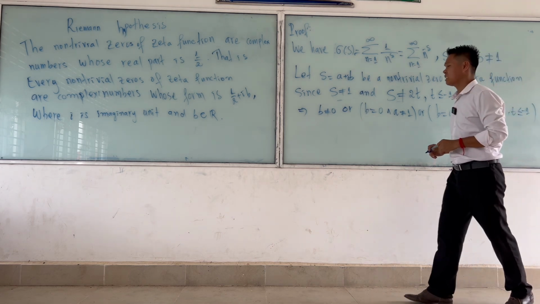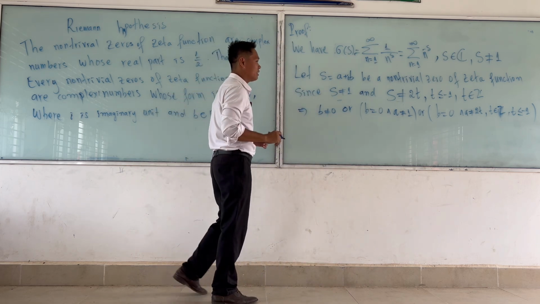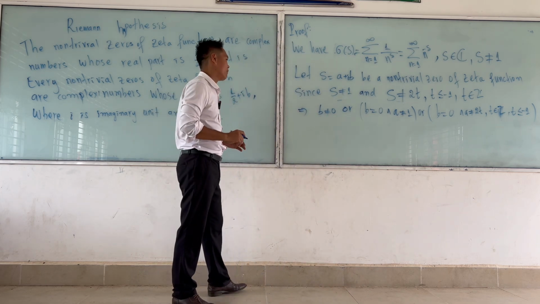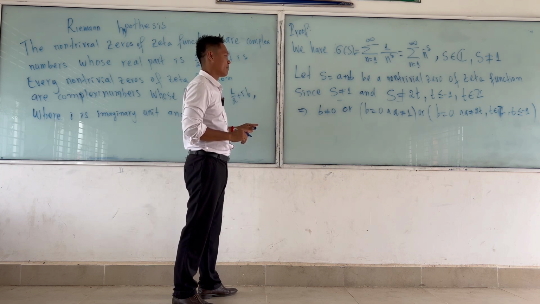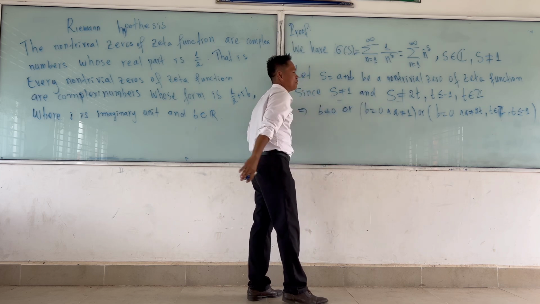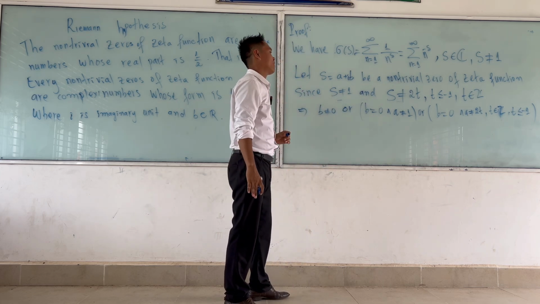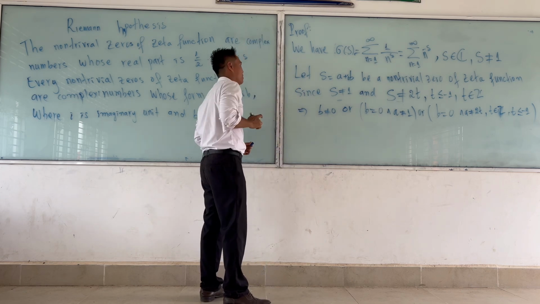This is the necessary condition of a and b, which are the real part and imaginary part of the non-trivial 0s, right? So I will use this condition to prove my Riemann hypothesis also. Okay, let's start together to prove Riemann hypothesis.